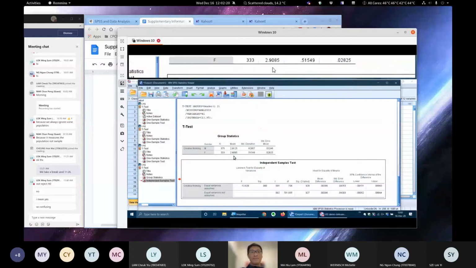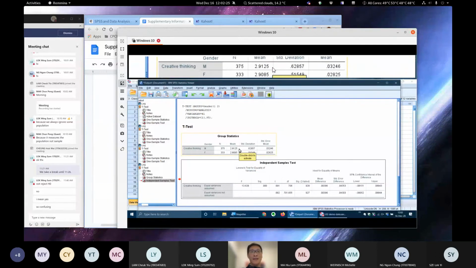It means that the two genders, although they have different sample mean values, have the same population mean value. So if you ask me, do the male and female students perform differently in creative thinking? I will say no. The data shows that they perform the same. They have the same population mean. That is my research conclusion.